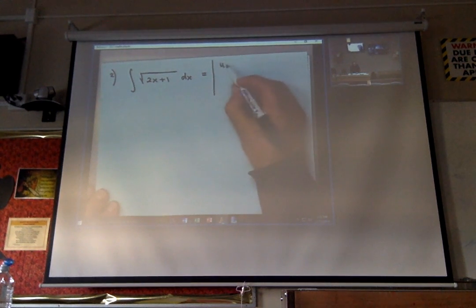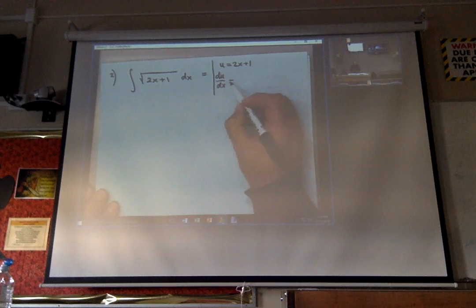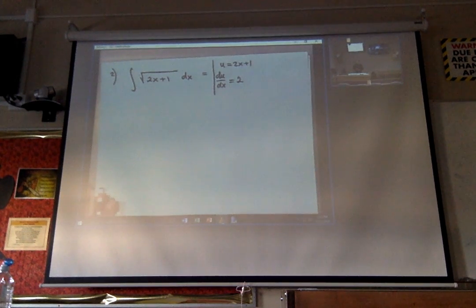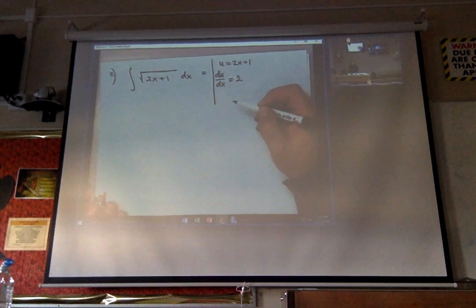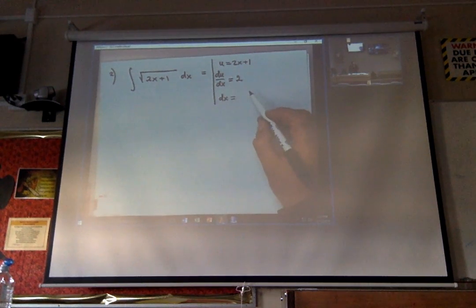So u equals 2x plus 1, and then du over dx is 2. And what do I need from here? dx, not du. So dx is du over 2. Alright, so that's all I need.